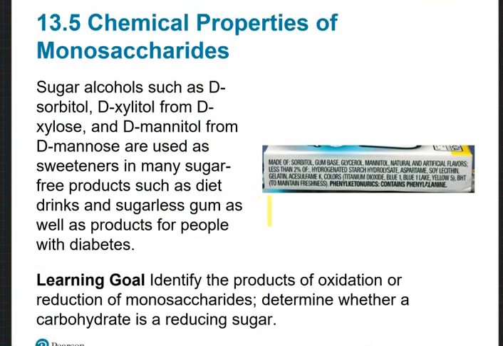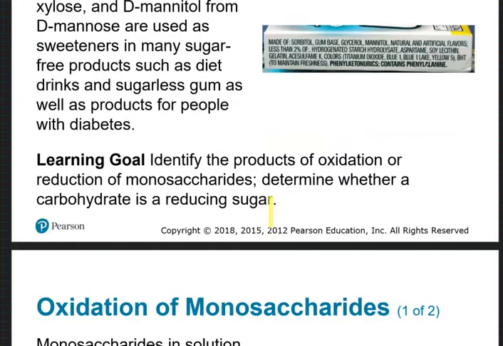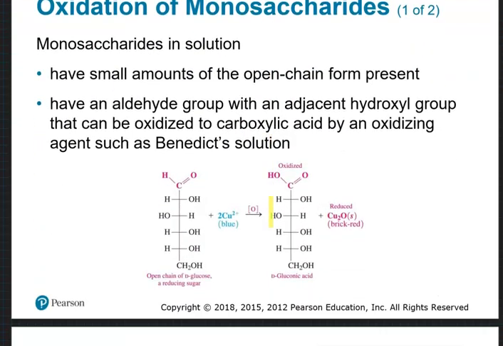So, what are the chemical properties? Well, we're going to talk about oxidation and reduction for the most part. So, monosaccharides in the solution have the so-called open chain form, like this, okay?